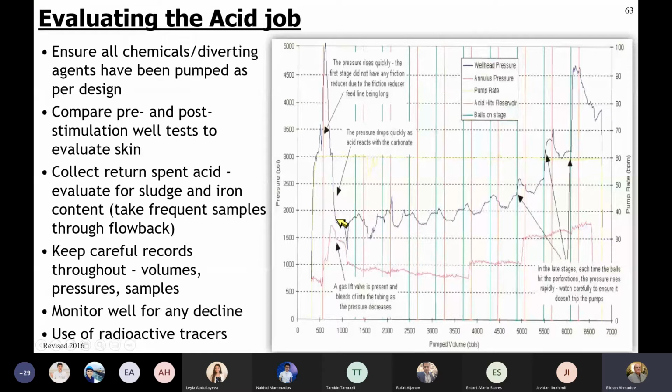And as we've done the first stage, we inject the ball sealers to block the firstly cleaned zones. Every time we inject the ball sealers, we can see an increase in the pressure, because now the ball sealers are blocking the easy way for the fluid flow, and the fluid again gets resistance from damage.